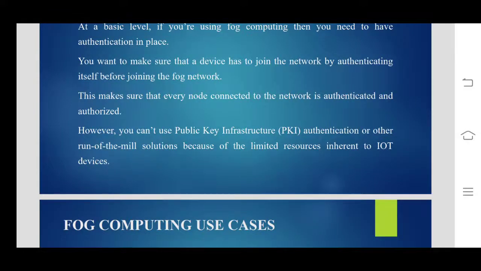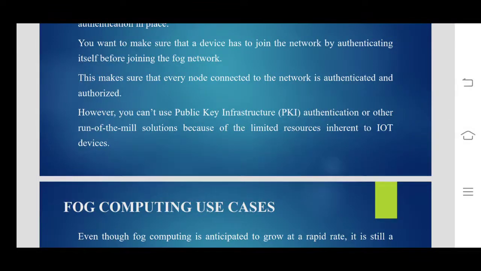This makes sure that every node connected to the network is authenticated and authorized. However, you cannot use public key infrastructure authentication or other run-of-the-mill solutions because of the limited resources inherent to IoT devices.